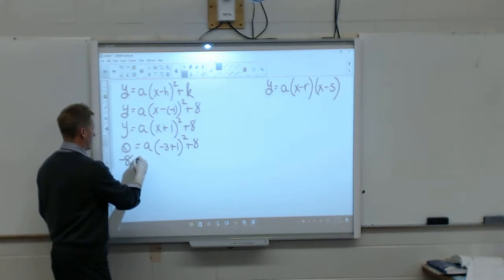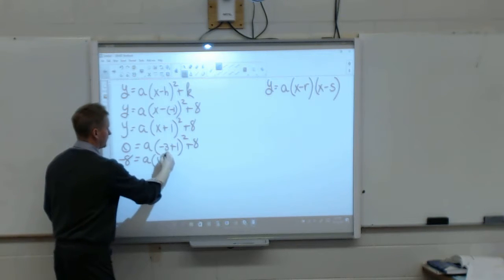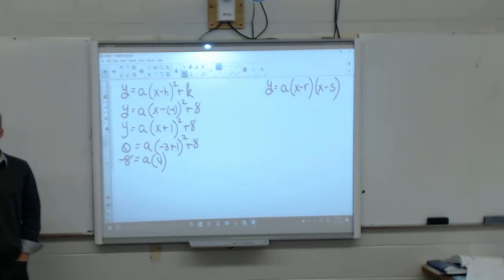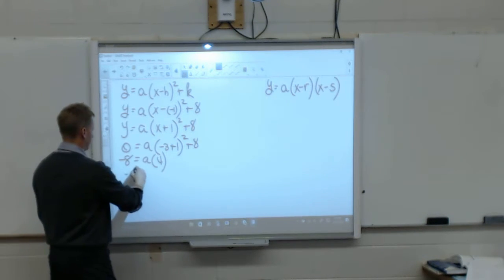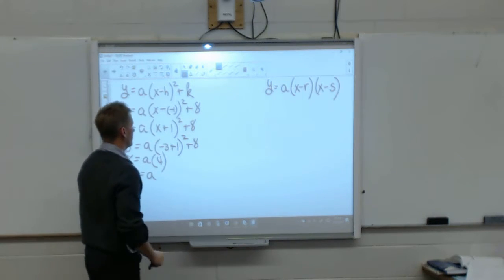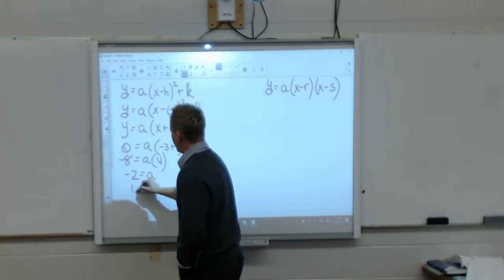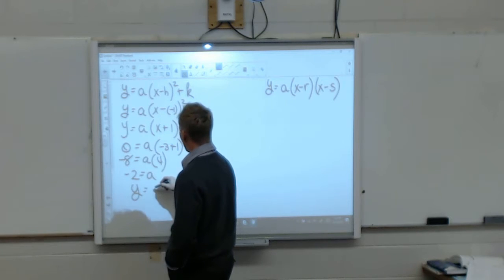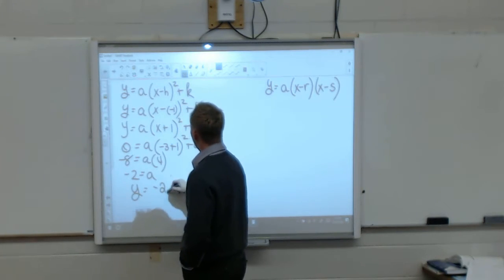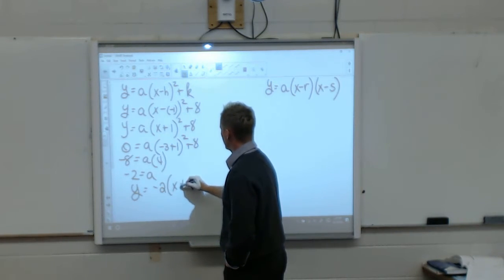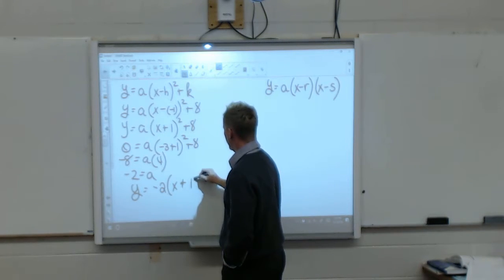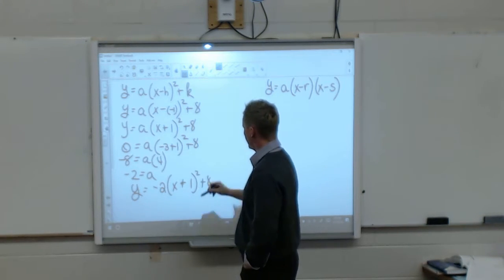So I've got -8 equals a times 4. Divide. So my equation of this graph in vertex form is y equals -2 times x plus 1 squared add 8.